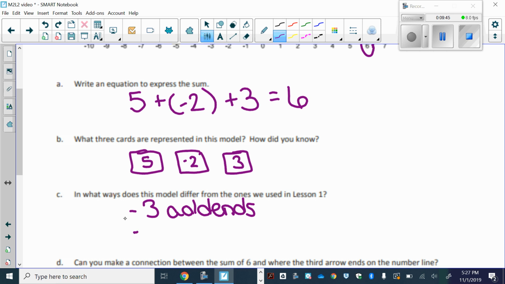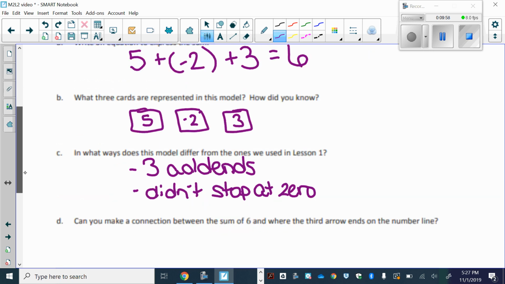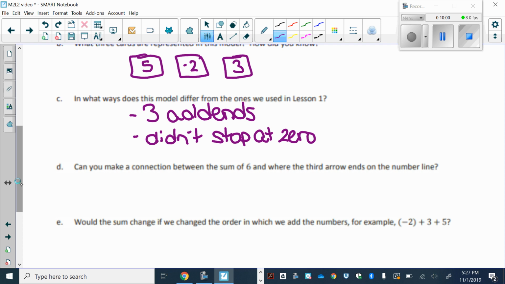Now we're not. Didn't stop at 0. Can you make a connection between the sum of 6 and where the third arrow ends on the number line? It stopped at 6. So the sum, the answer to addition, is 6.